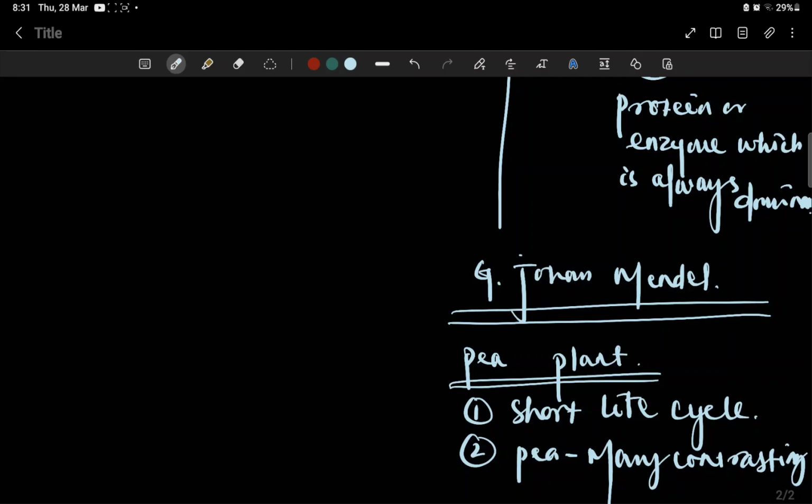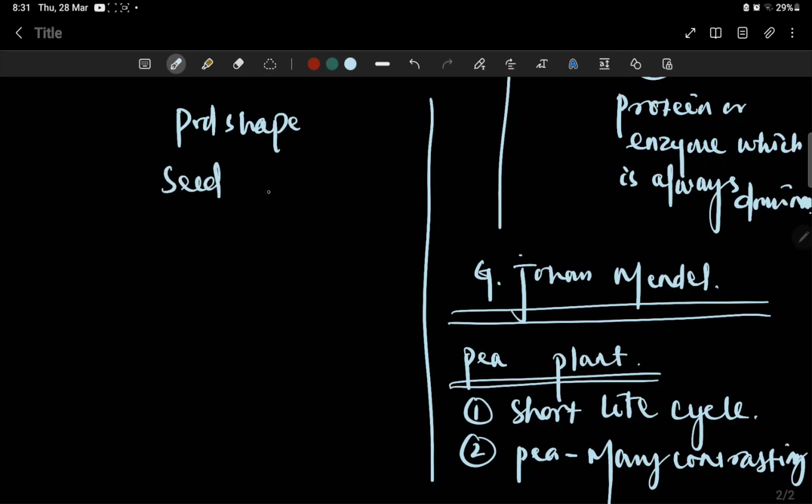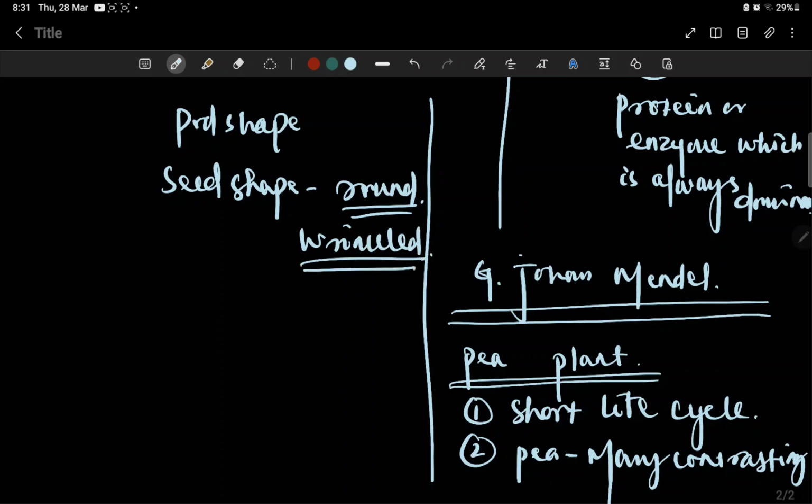Round is dominant and there is wrinkled. This is the contrasting character. There are two traits which are opposite to each other for a particular character. These are called contrasting characters.